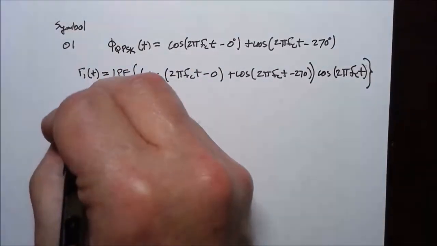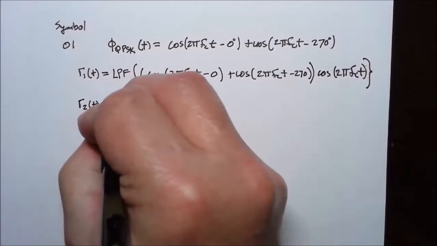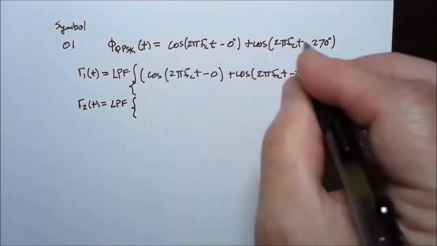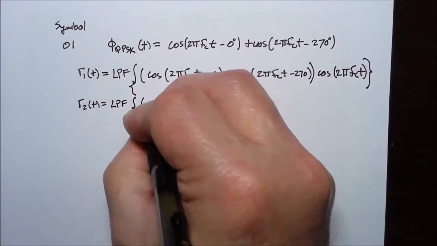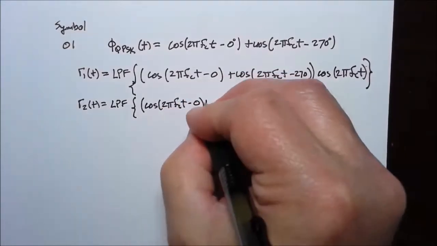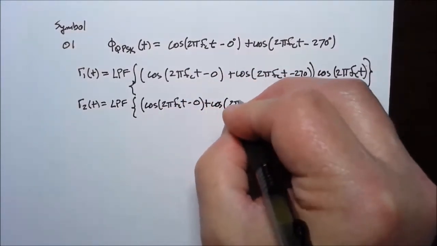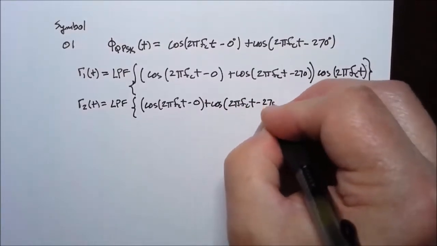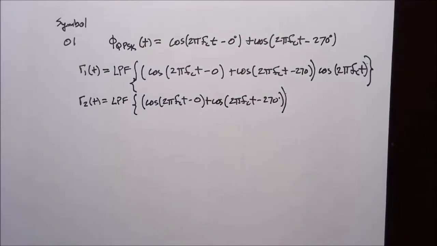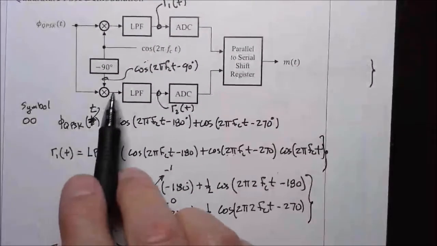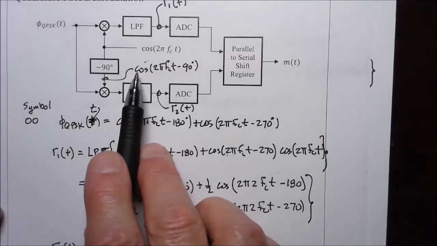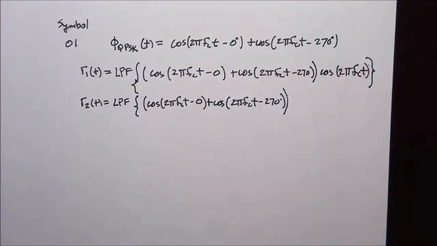And similarly, R2 of t is the low pass filtered version of, we have this same modulated signal, cosine 2 pi FCT minus 0 plus cosine 2 pi FCT minus 270, and now that is multiplied by the phase shifted carrier, the quadrature carrier, cosine 2 pi FCT minus 90.